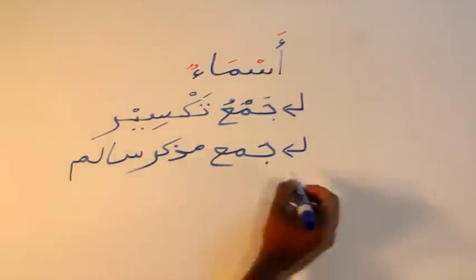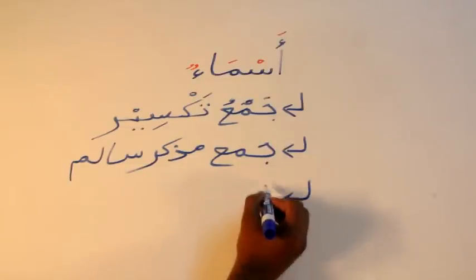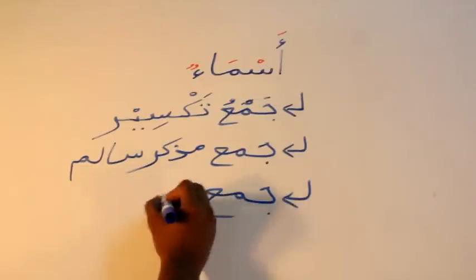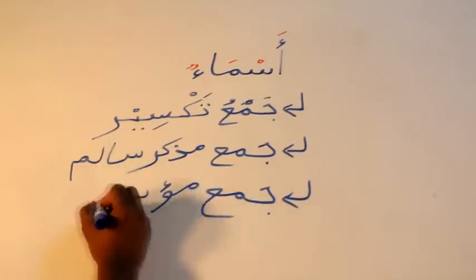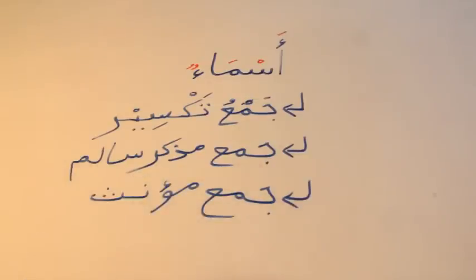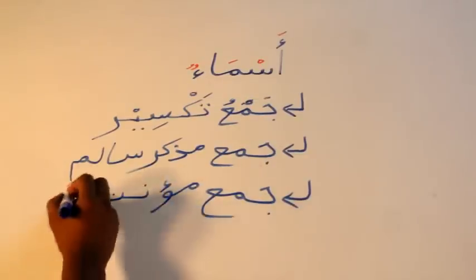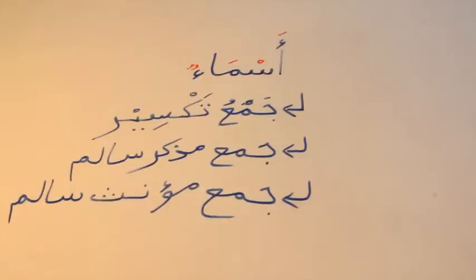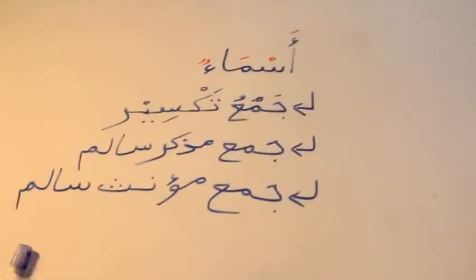And the last one we'll be looking at is Jam'u Muannath Salim. And this basically means the saved feminine plural. So first off, we'll number these. So 1, 2, and 3.